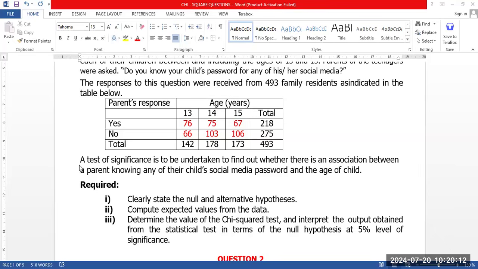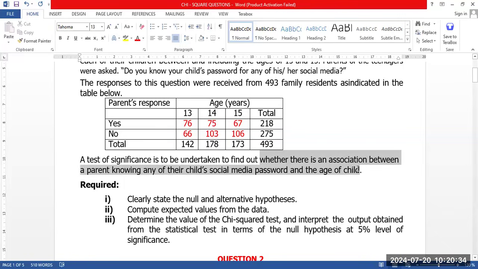So here they are telling us that a test of significance is to be undertaken to find out whether there is an association between a parent knowing any of their child's social media password and the age of the child. So basically, this is what the researcher wants to test.